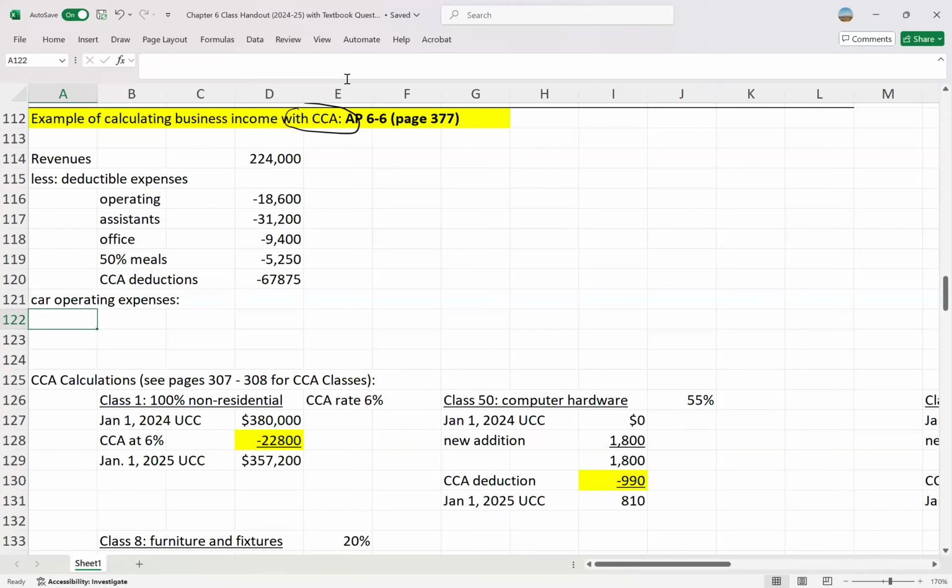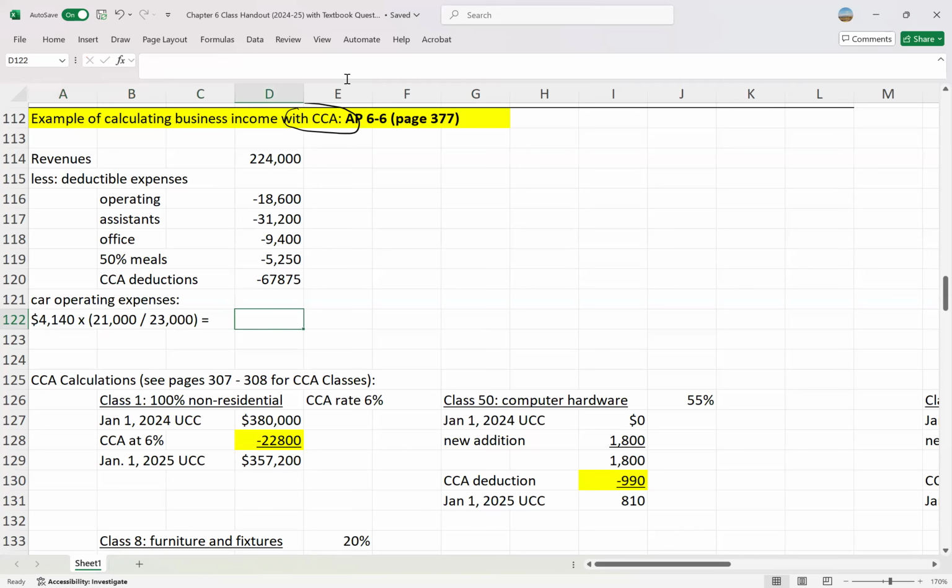And then the last amount was the car operating. Remember we were told that the total amount was 4,140. Once again, we have to multiply that because that was for the entire use of the car, including personal. So we've got to multiply that by the business kilometers, 21,000, divided by total kilometers, 23,000.